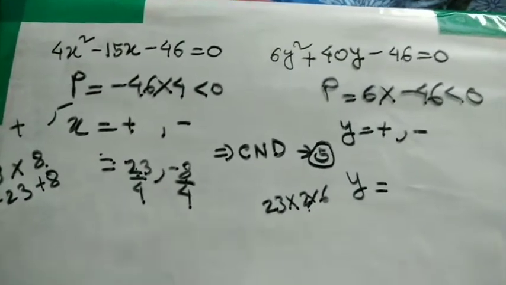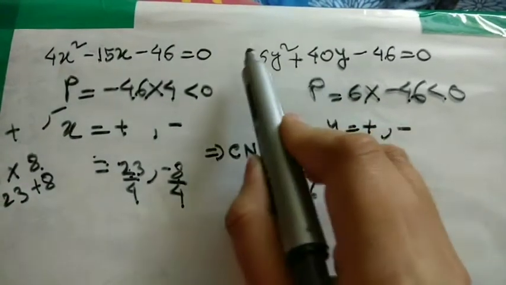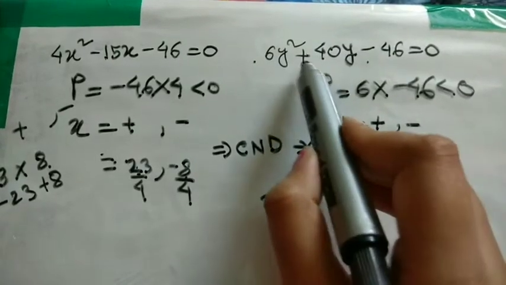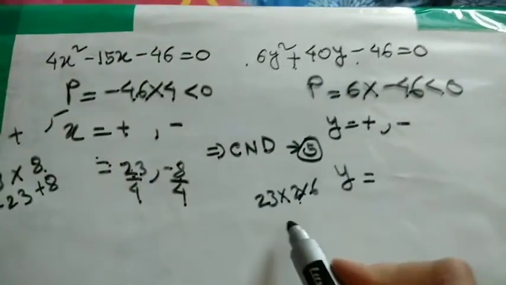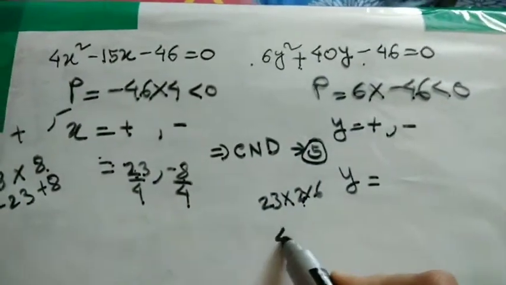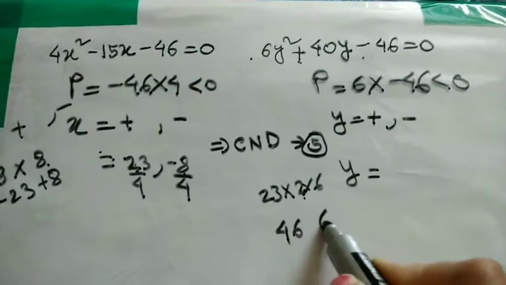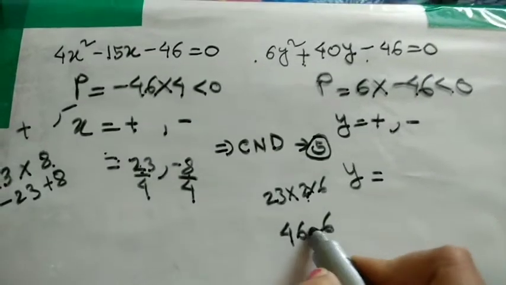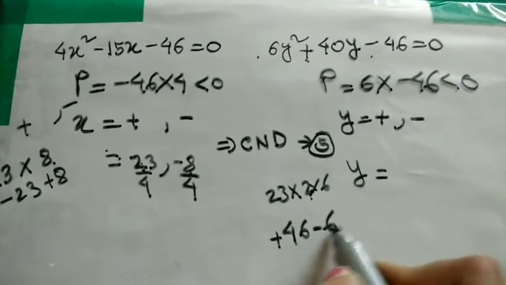Okay. Oh, sorry. See, here one is plus and one is minus, so you have to bring one plus and one minus, and here it is plus. So in 46, the difference of 46 and 6 becomes 46 minus 6 becomes 40, plus 46 minus 6.